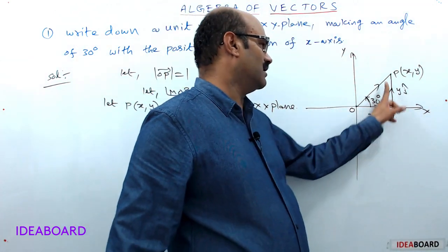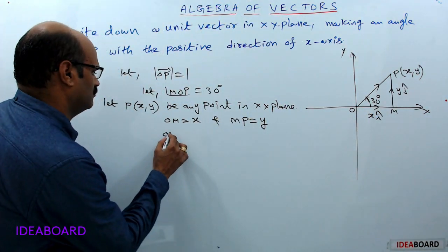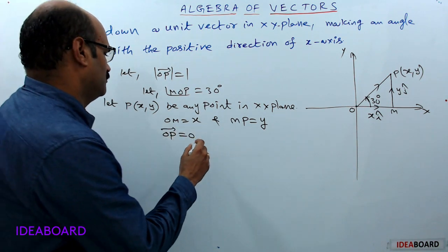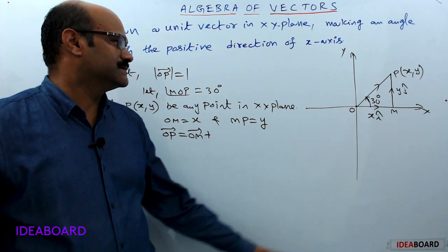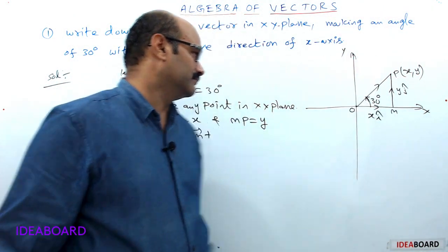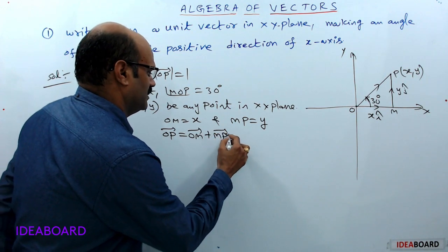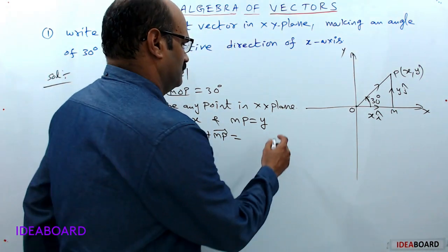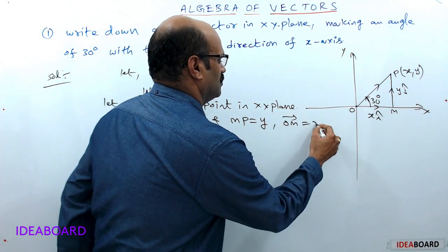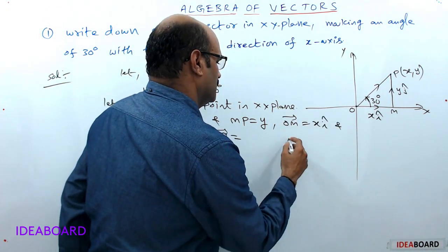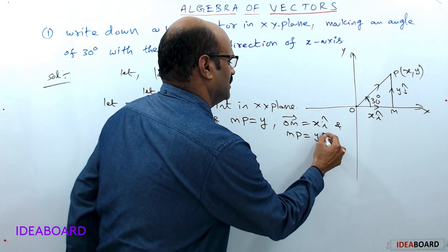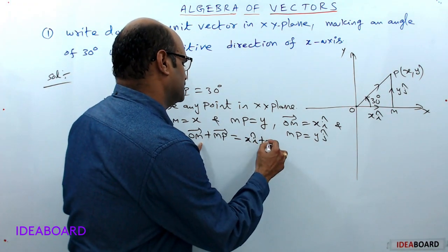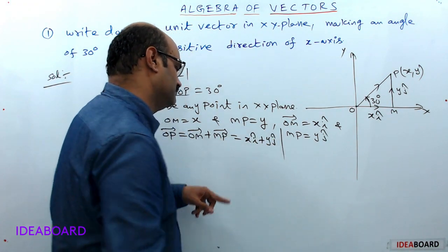Then by triangle law we say that OP vector equal to OM vector plus MP vector, equal to x into i cap plus y into j cap.